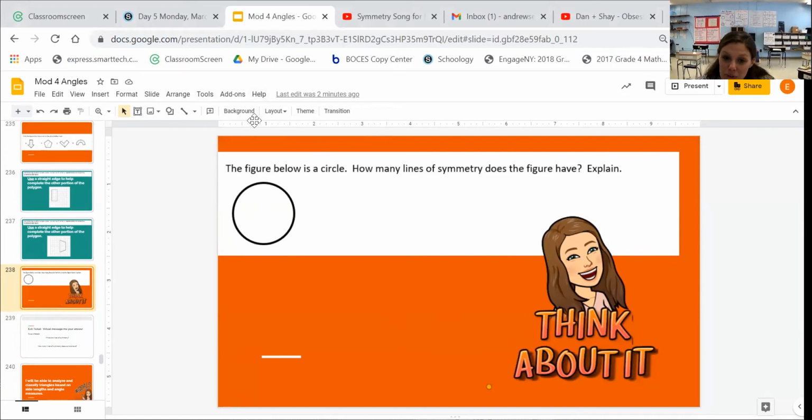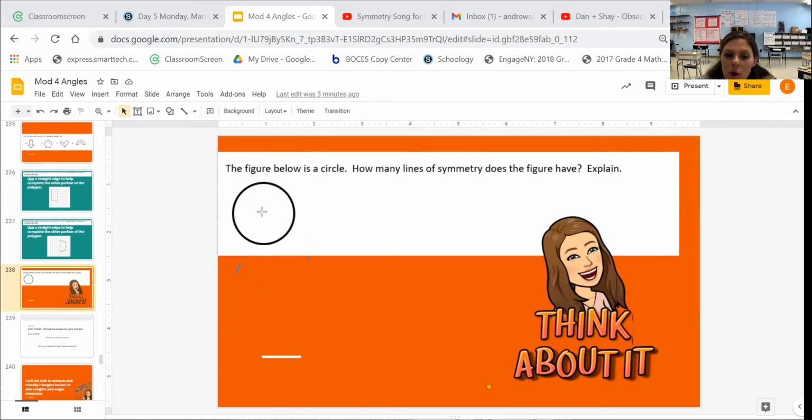Okay, so for a circle, this is my favorite answer. We could sit here all day. We couldn't even count them. As long as you were going through the center point of the circle, we couldn't even count how many lines of symmetry a circle could have because there would be an infinite amount. However, if you did not go through the center point of the circle, it wouldn't make sense.